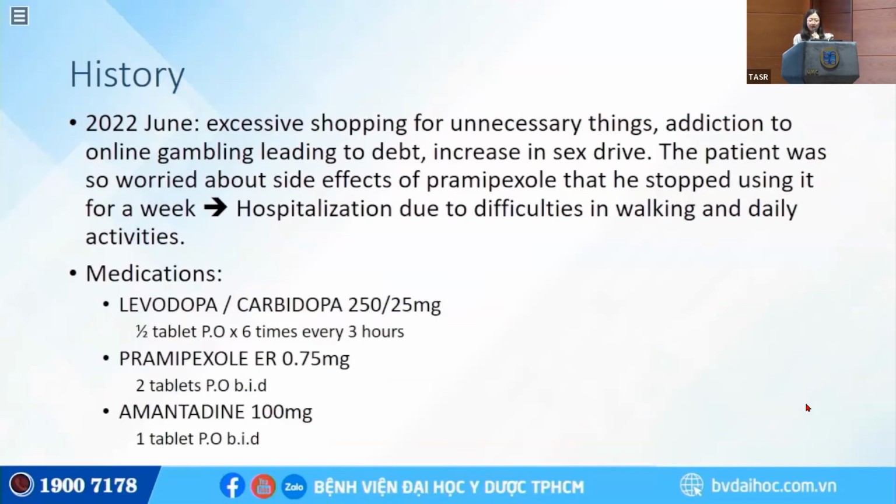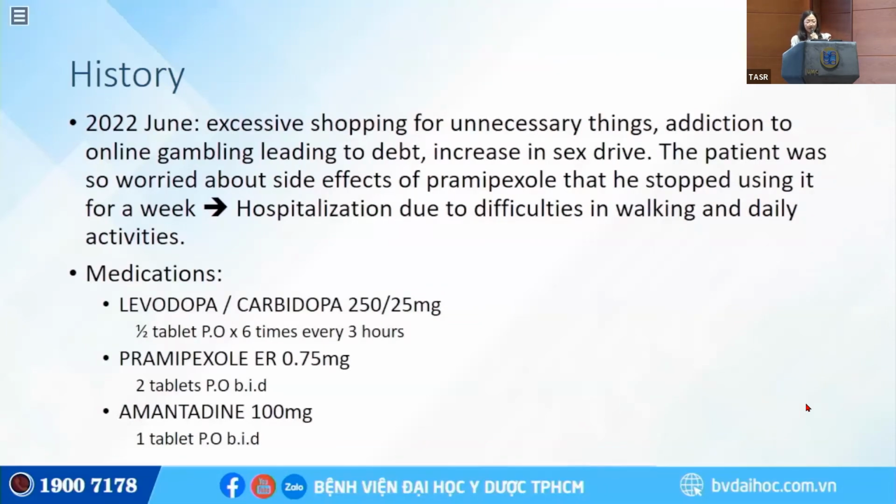He kept buying many unnecessary things. He became addicted to online gambling, which then led him to much debt. He also admitted that he had an increase in sex drive.